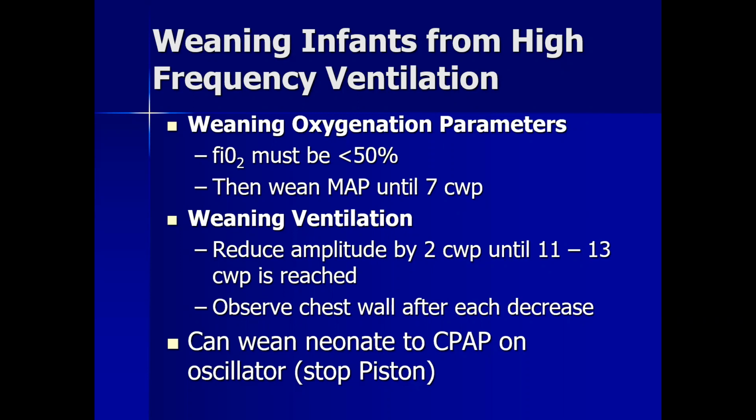The hertz, the I time. Amplitude, you can turn that down. Once the mean is about 11 to 13, then they're ready to come off the oscillator. And you give them CPAP by shutting off the piston and just allowing that mean airway pressure to be in the circuit. And it's like having them on CPAP.